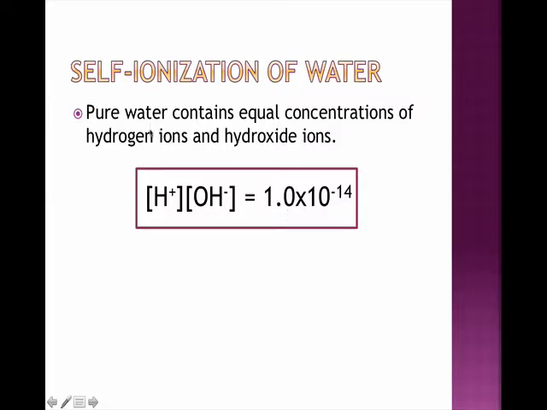So if we think of pure water, it must have 1.0 times 10 to the negative 7th molar hydrogen ions and 1.0 times 10 to the negative 7th molar hydroxide ions. That would be for pure, neutral water, everything's equal. That's what it looks like.